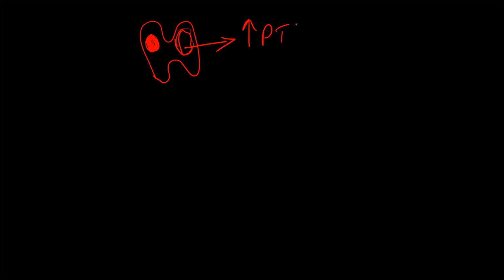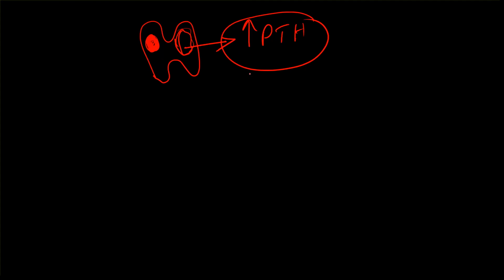So now let us take a parathyroid gland. It is going for hyperplasia, or there is a tumor in the parathyroid gland. So they are releasing more parathyroid hormone.